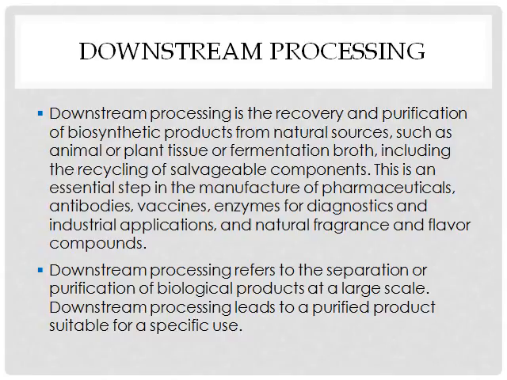This is an essential step for the manufacture of pharmaceuticals, antibodies, vaccines, enzymes for diagnostics and industrial applications, and natural fragrance and flavor compounds. Downstream processing refers to the separation and/or purification of biological products on a large scale. Downstream processing leads to the purified product suitable for a specific use.